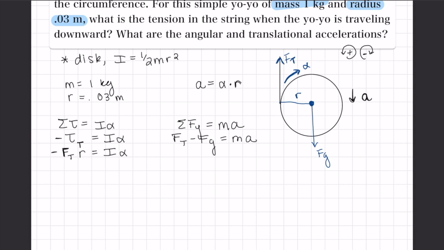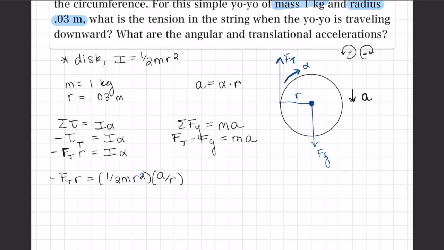Now I'm going to substitute in 1/2 mr squared for I in the sum of the torques equation. And also using that a equals alpha times r, we can write alpha equals a over r and substitute that in for alpha. When we do that, we'll end up canceling out the r's.